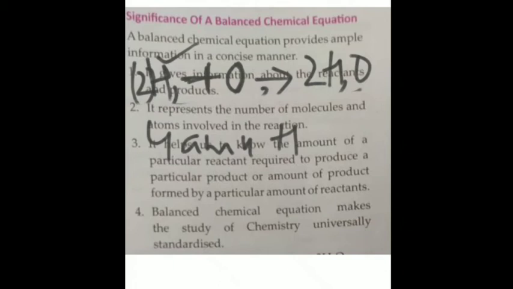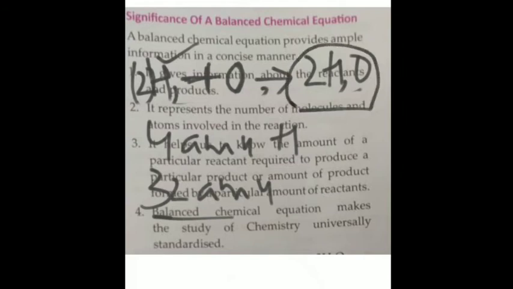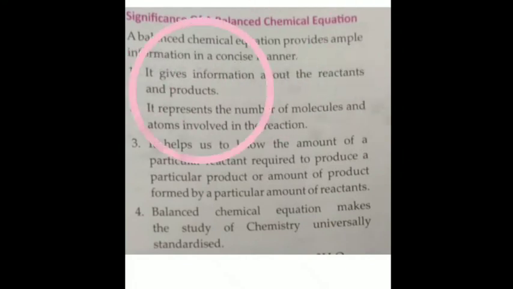Is that clear? 4 AMU is the total mass of the hydrogen atoms, and 32 AMU is the total mass of the oxygen atoms. So 4 plus 32 is how much? 36 AMU. You can even verify it by calculating the total mass here. Is it clear?